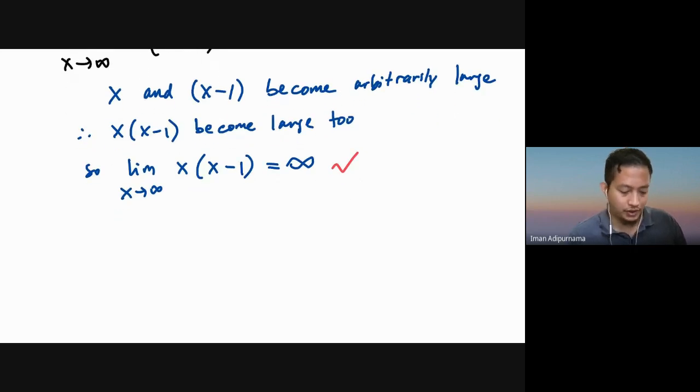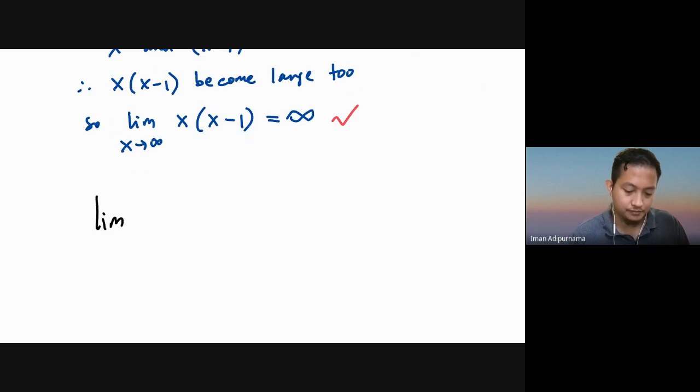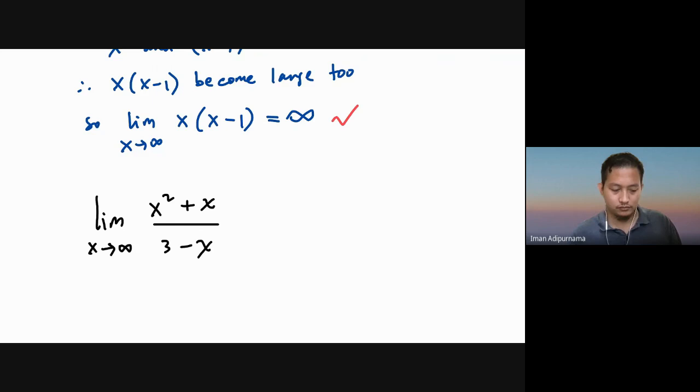And also, if you have the limit as x approaching infinity, now we can have solutions. This is a rational function, right? We have x squared plus x.